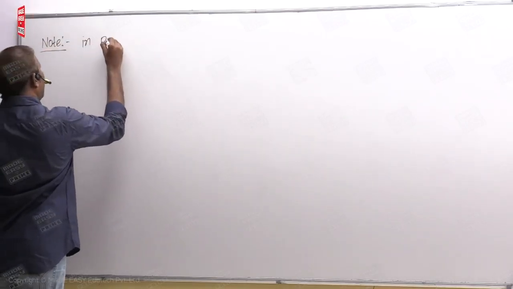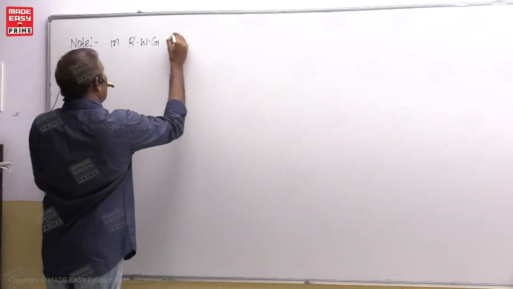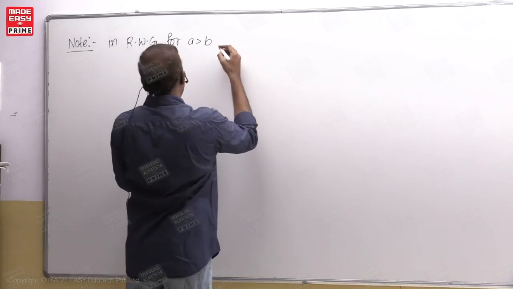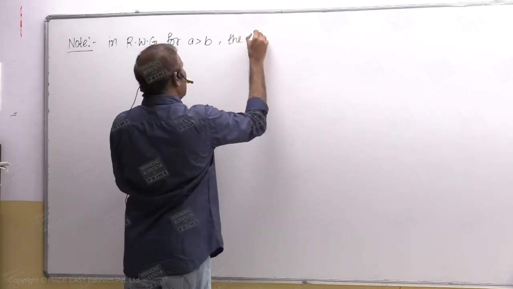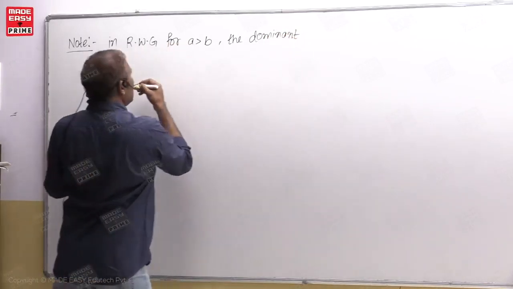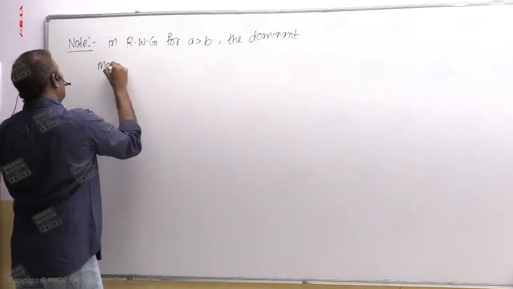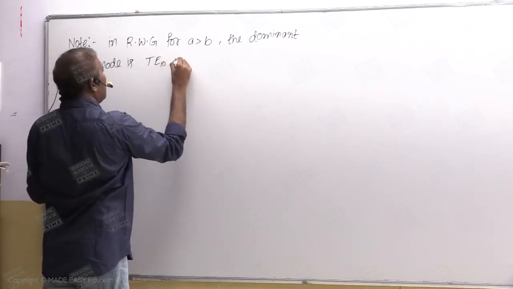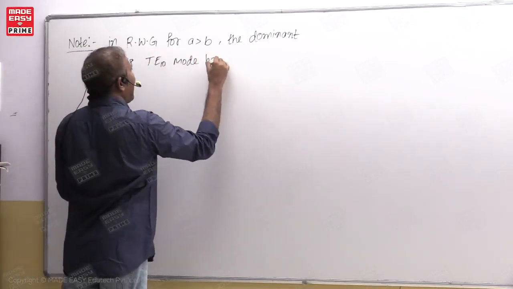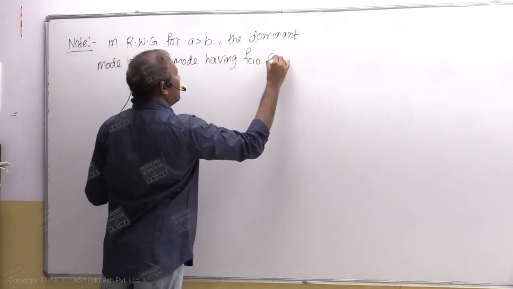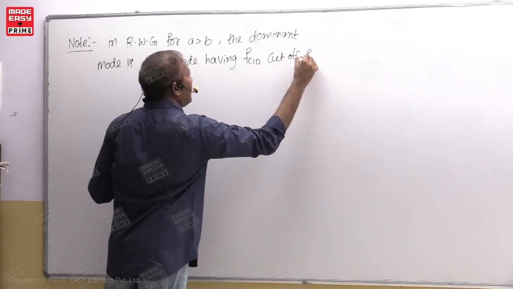In rectangular waveguide, for A greater than B, the dominant mode is TE10 mode having FC10 cutoff frequency.